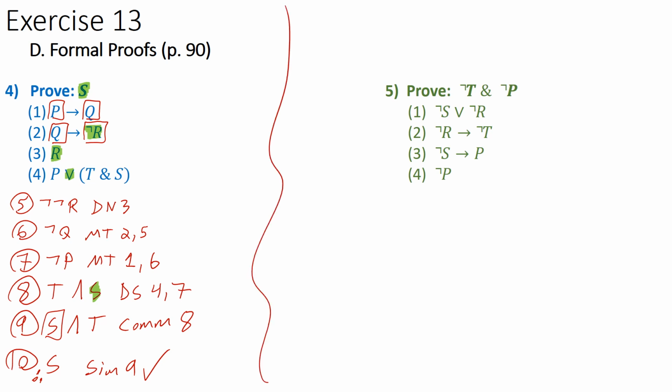For number 5, we want to prove a conjunction, not T and not P. So let's see what we have here. We are told that not P is the case right over here, but notice that we have this not S or not R. One of those has to be true, at least one of those, but if not R happens to be true, then that will imply not T. If not S happens to be true, that will imply P. So we can say not T or P because we have a constructive dilemma.